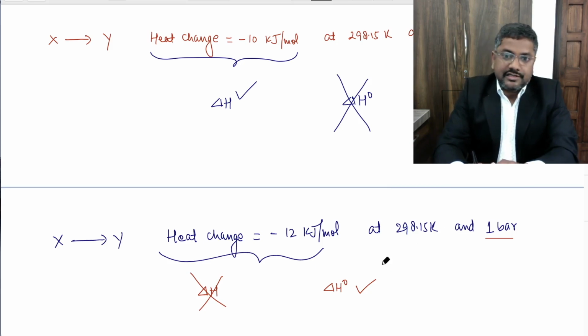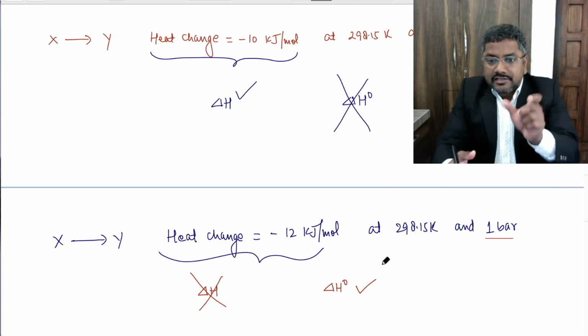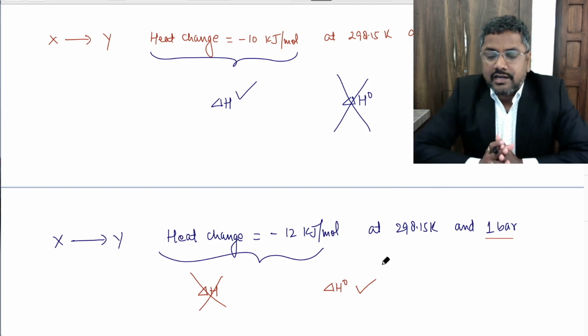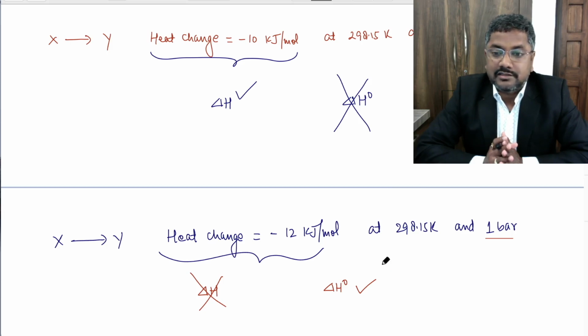Temperature should be constant, and in the same manner the standard state of any substance is also defined. This is given in your NCERT book, Thermodynamics chapter, in bold letters, but people are not bothered to go through this NCERT book.